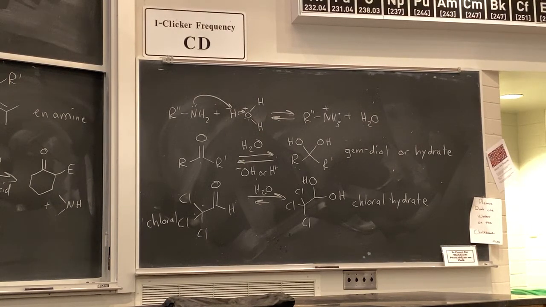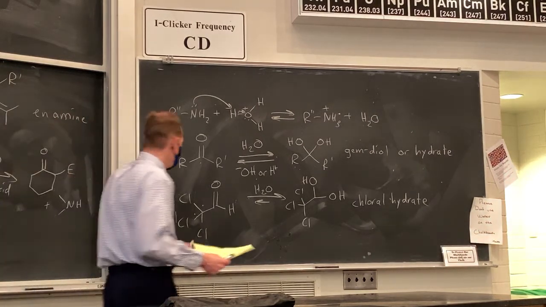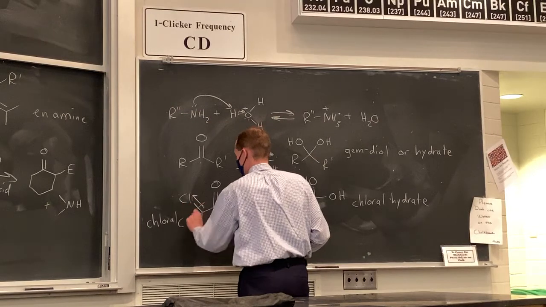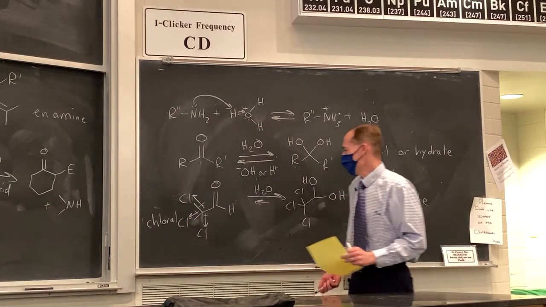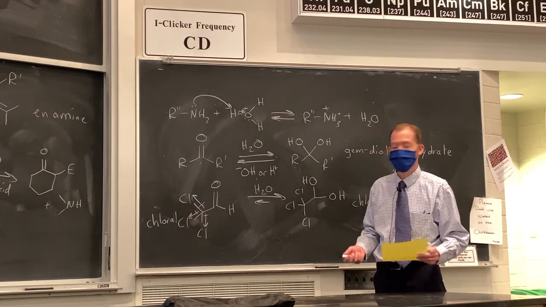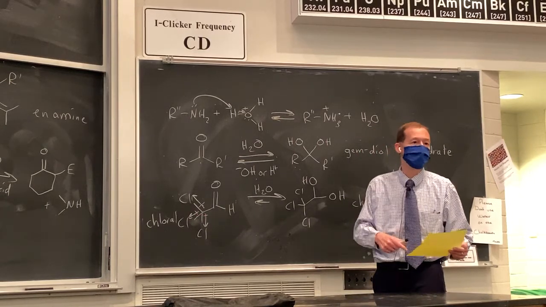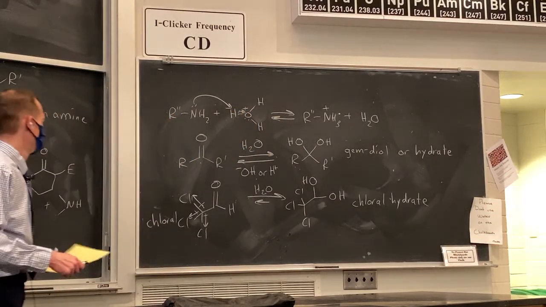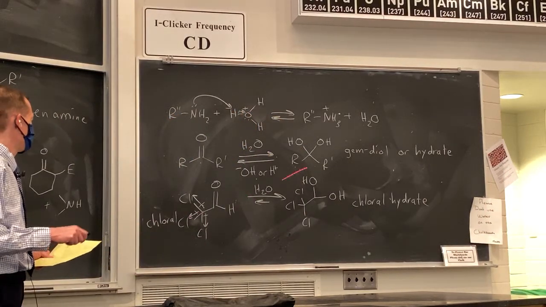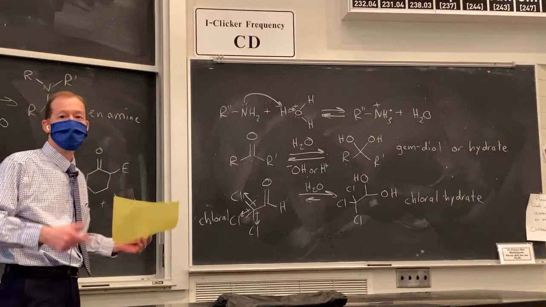Yes, please. Because chlorines are withdrawing. We have an inductive effect. We have these three bonds polarized towards our electronegative chlorines. That gives us a carbon with a partial positive charge adjacent to another carbon with a partial positive charge. Okay? So to eliminate that destabilization, water adds, and we end up with the hydrate.